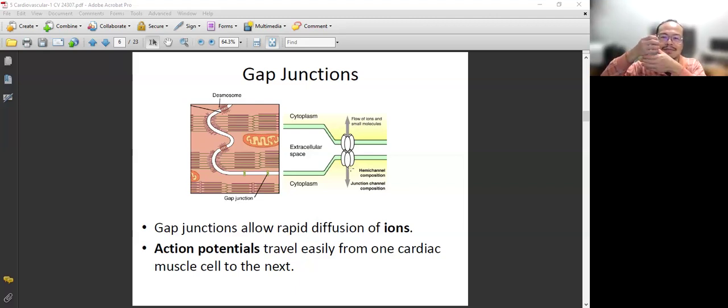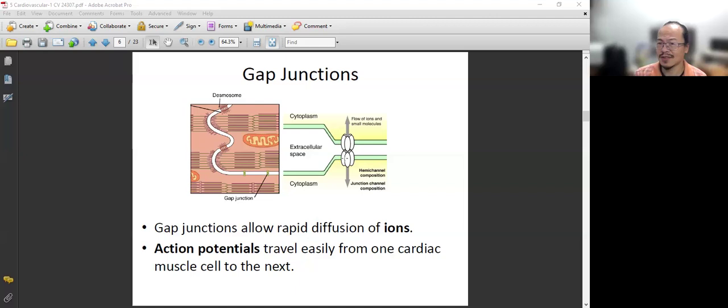These two ion channels just connect with each other, like a mouthpiece. And with that, any ion will freely diffuse from one cell to the other. So with this gap junction, ions can diffuse across.